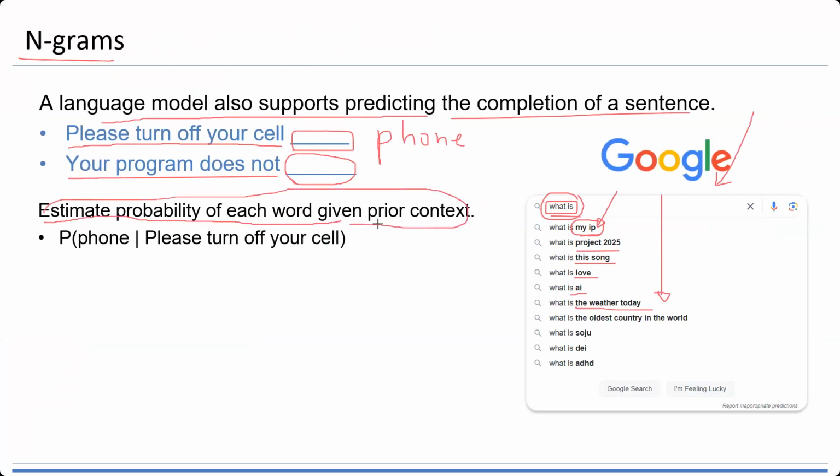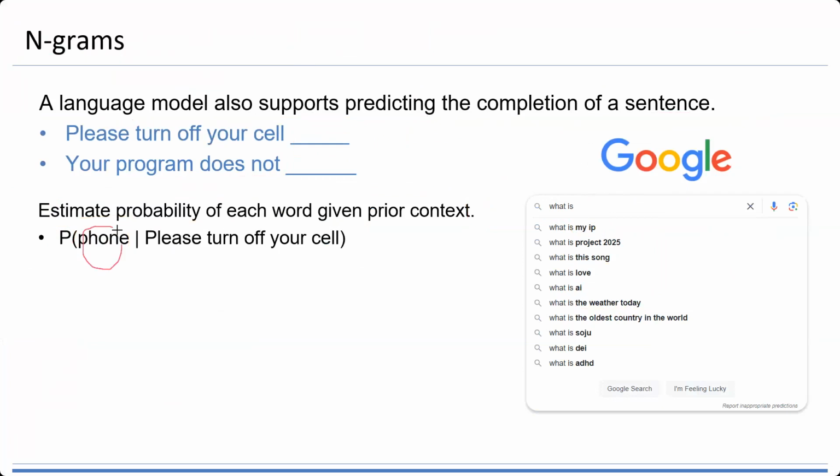What is the prior context? The prior context means what is the previous word. I want to know the probability if the word is phone, given that the previous text is please turn off your cell.